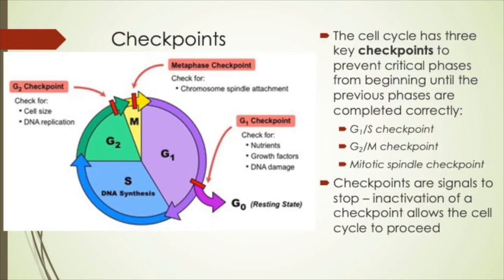You remember those checkpoints that I was talking about before, those interphase checkpoints? There's also a metaphase checkpoint here. So in the cell cycle, we have 3 key checkpoints to prevent any phase disorientation. G1 to S checkpoint. This one checks for nutrients, growth factors, or DNA damage. It makes sure that there's enough nutrients, enough growth factors, and that there's no DNA damage in this cell.